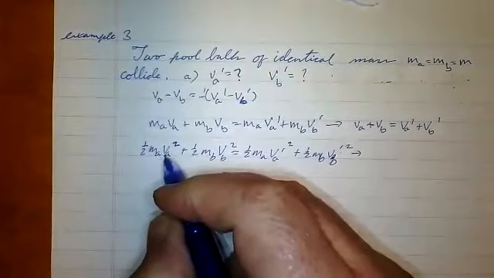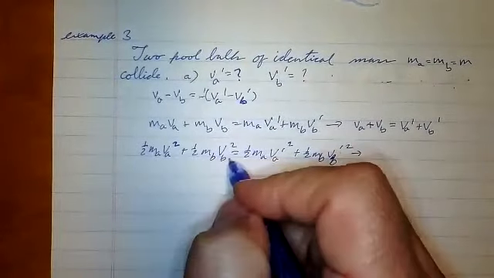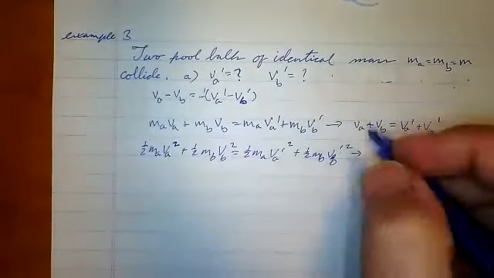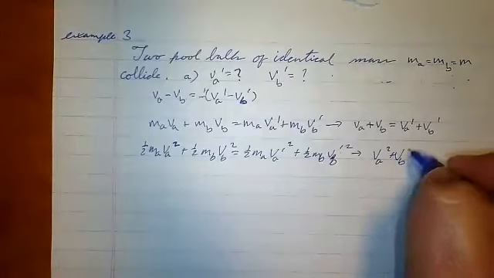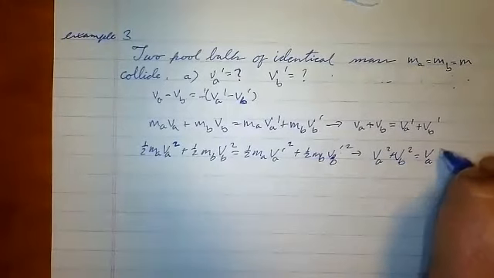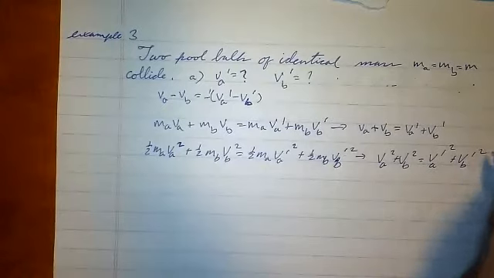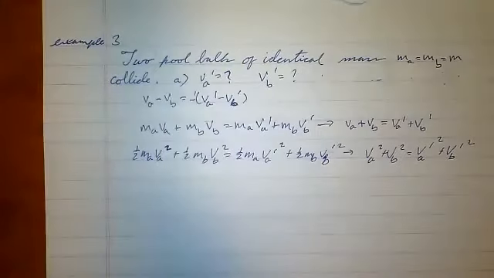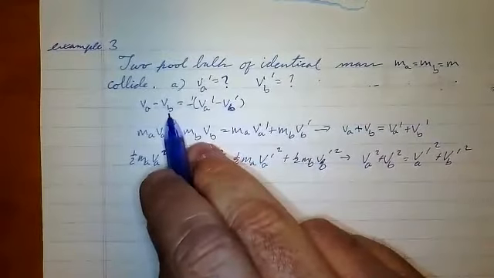Again, because the mass and the 1/2 are all the same, I can just say VA squared plus VB squared is equal to VA prime squared plus VB prime squared, right? Well, this ultimately leads me back to exactly that expression.